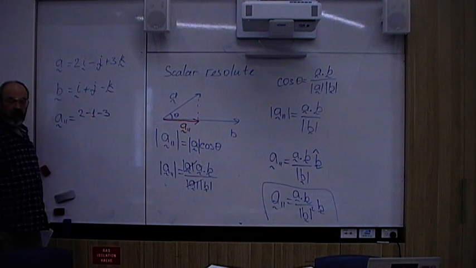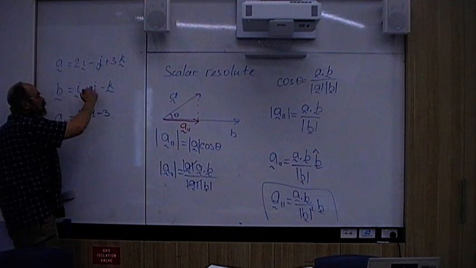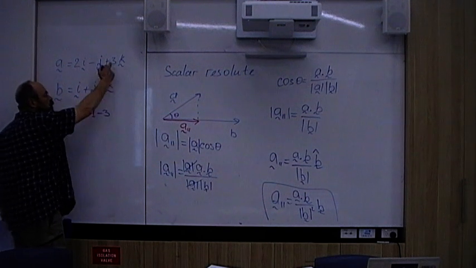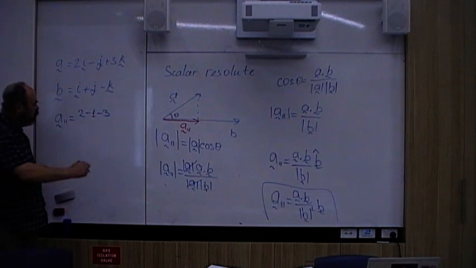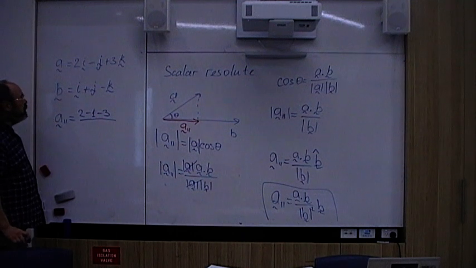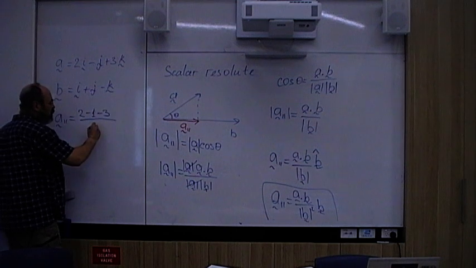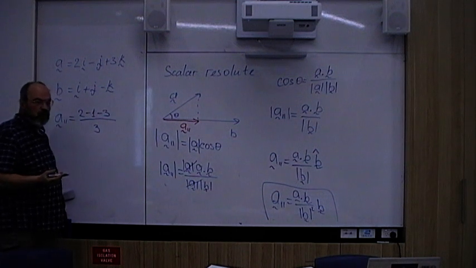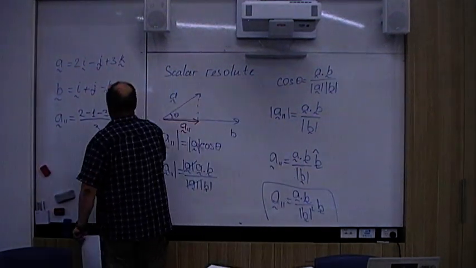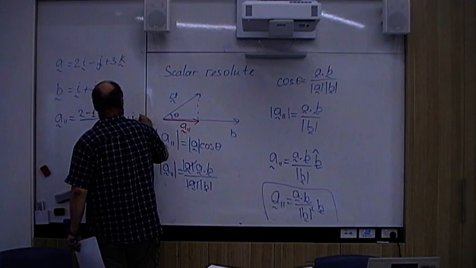That is how we find the dot product: we multiply the x coefficients, plus the product of the y coefficients, plus the product of the z coefficients. That will be the dot product divided by the length of B squared. So we have 1 plus 1 plus 1, which is 3, and we don't put a square root because it's B squared, times vector B, so i plus j minus k.